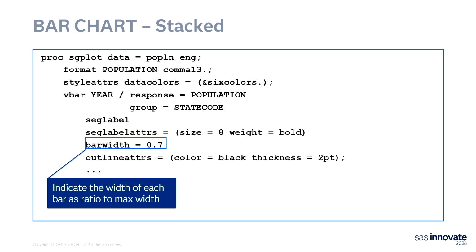And that's going to give us gaps between our bars if we want gaps. And then we're having our OUTLINEATTRS. Our OUTLINEATTRS here is controlling the outline of the bar, and we're going to control those attributes as well. So you can see that you can control different attributes with different options depending on what you want to change from the defaults. Easy, right?